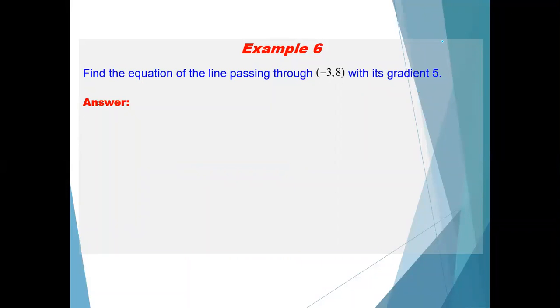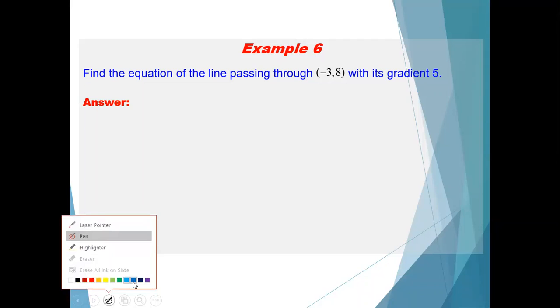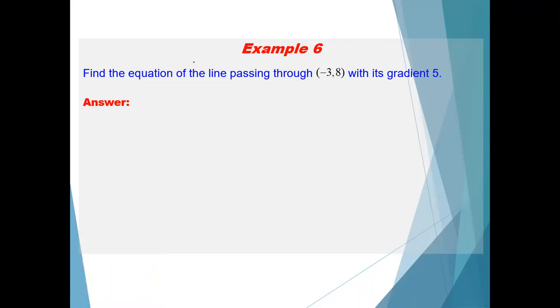Find the equations of the line passing point negative 3, 8 and gradient 5. Okay, so macam mana nak buat? You have to extract the information given to you first. We have a line passing negative 3, 8 and gradient 5. So maksudnya apa? You boleh pakai gradient form, betul?